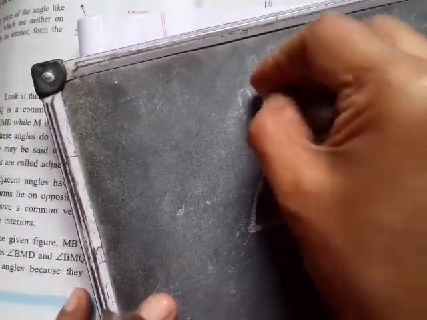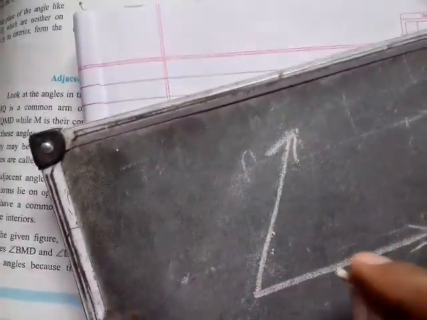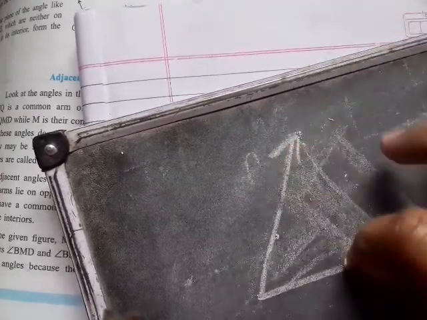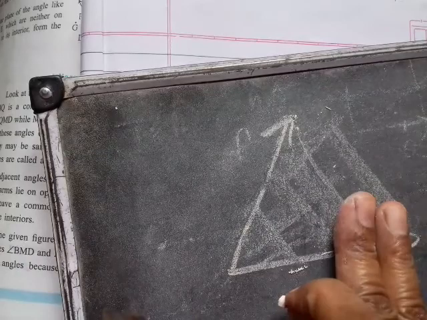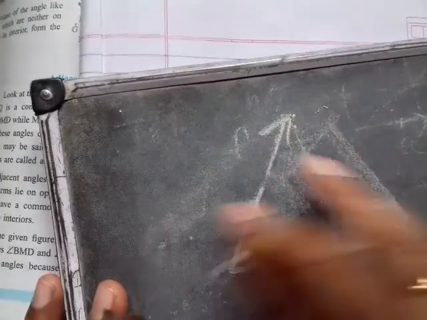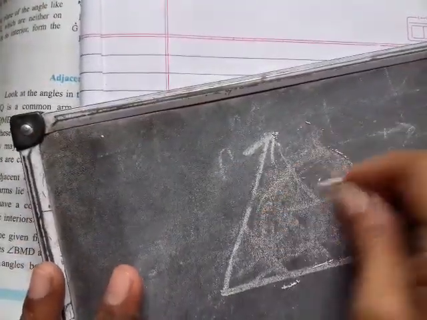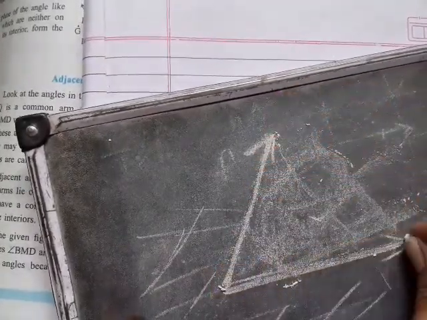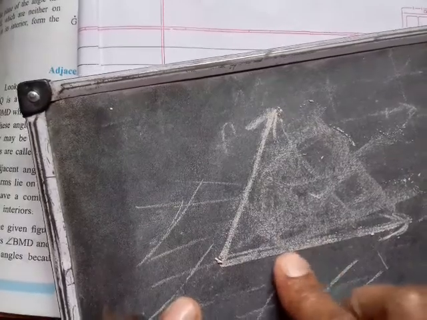In this angle, the part between these arms is called the interior of the angle, and the part outside is called the exterior. These are the exterior parts, these are the interior parts, and if any point is lying on the angle, it is called on the angle. You also have to see such things.